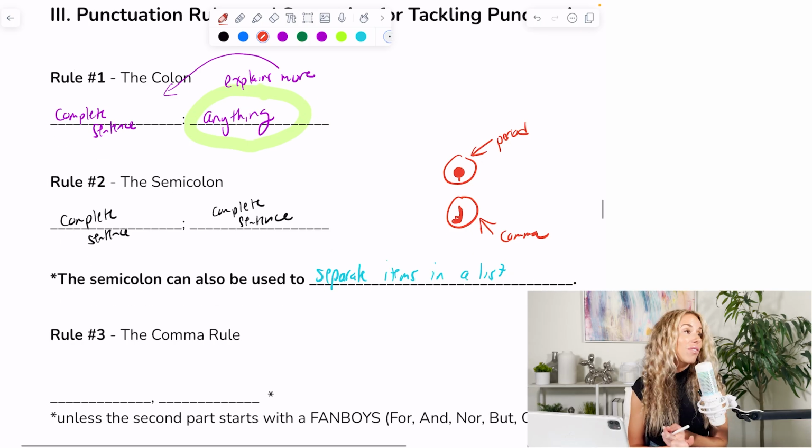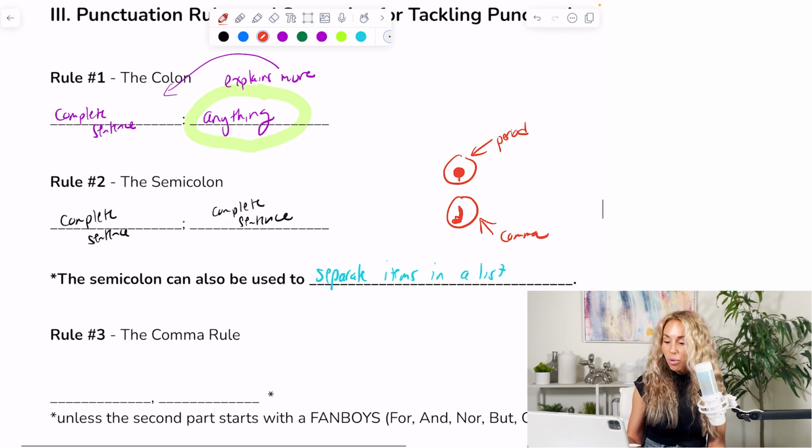One is if the items in the list are super, super long, like lots of words, so it's hard to tell where the divisions are between the items. Second thing is if the items in the list already have commas within them. For instance, if I'm listing cities and I say Paris, comma, France, London, comma, England, it would be better for me to separate those cities and their countries with semicolons and not commas.